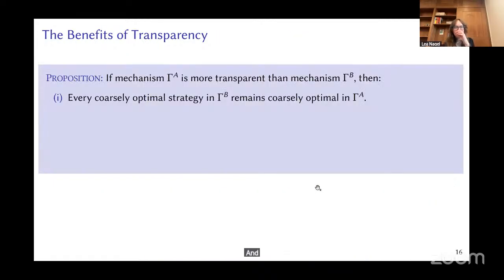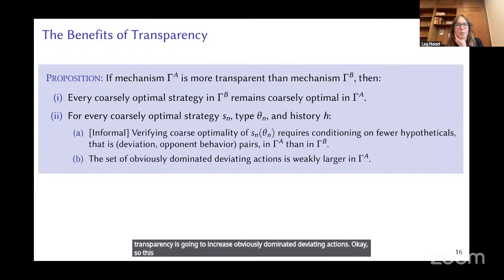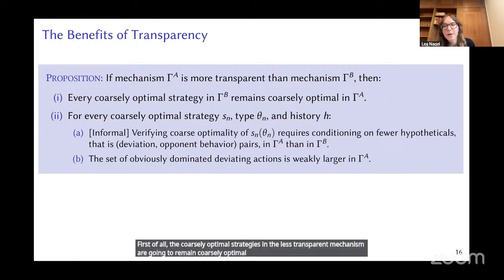And so what I'm going to show you in a second is that essentially more transparency is going to increase obviously dominated deviating actions. Okay, so this is the formal definition, just summarizing the benefits of transparency. If a mechanism is more transparent than another, then two things are going to be true. First of all, the coarsely optimal strategies in the less transparent mechanism are going to remain coarsely optimal in the more transparent mechanism.